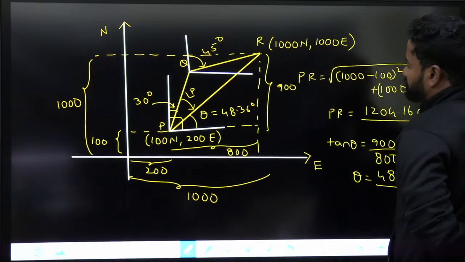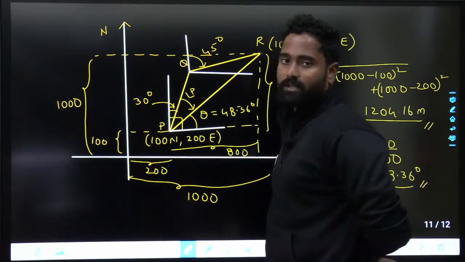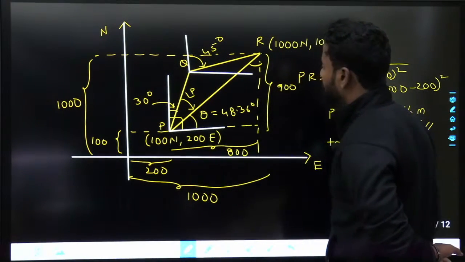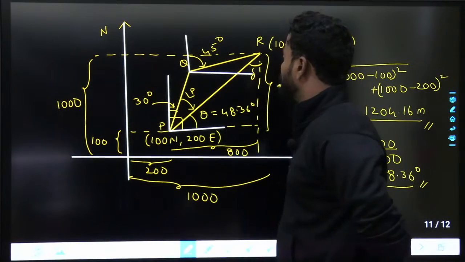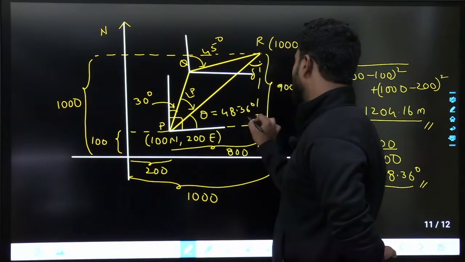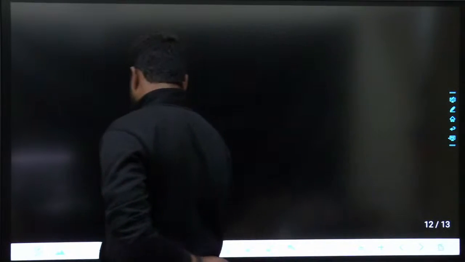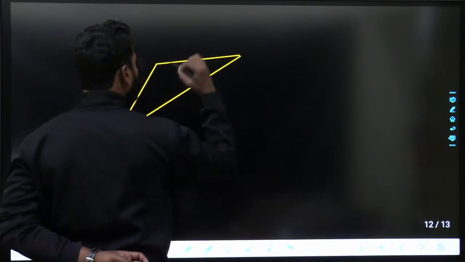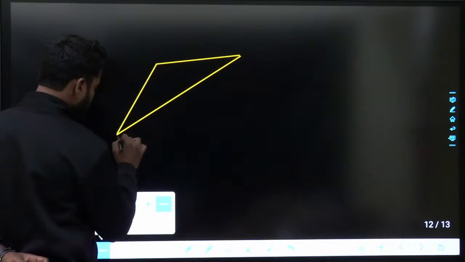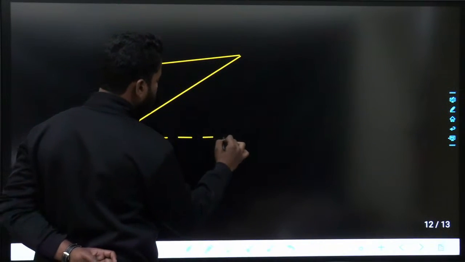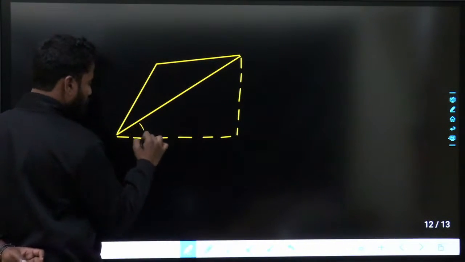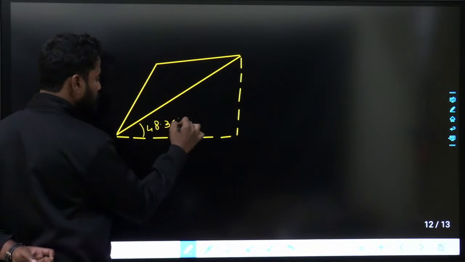Next one is, if this is 48.36 degrees, what would be this angle? If I call this some delta, this is 90 degrees, right? If you feel like this is clumsy, I'll draw it here. This is 48.36 degrees.